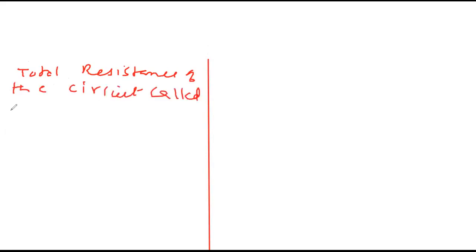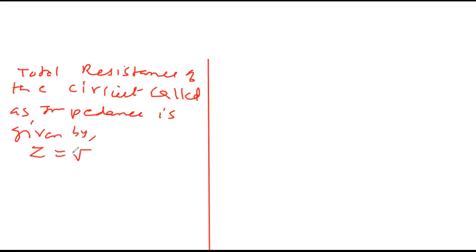Total resistance of the circuit, called impedance, is given by Z equals root of R square plus (XL minus XC) square.